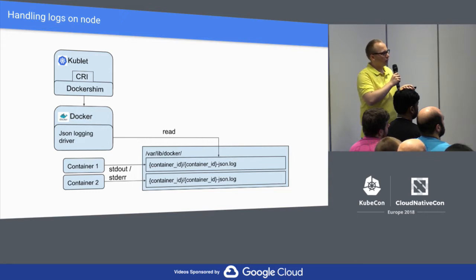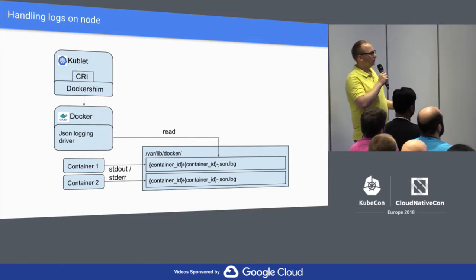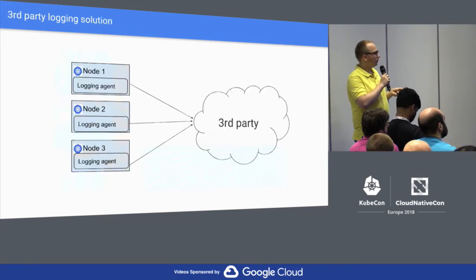There is some work around renaming those files, but I think the current state is that there is a container ID in the path, so that you can figure out which particular container this file is from. And when you query, this goes through kubelet to this particular file.